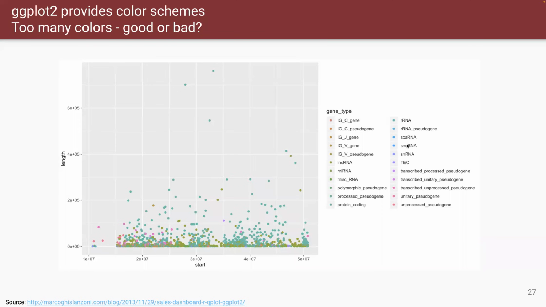And these genes are small RNA, scRNA, snoRNA, snRNA, microRNA, long non-coding RNA. These are small RNA or non-coding RNA, so they have to cluster to each other. And pseudogenes have to cluster to each other. And protein coding genes are totally different from the others.